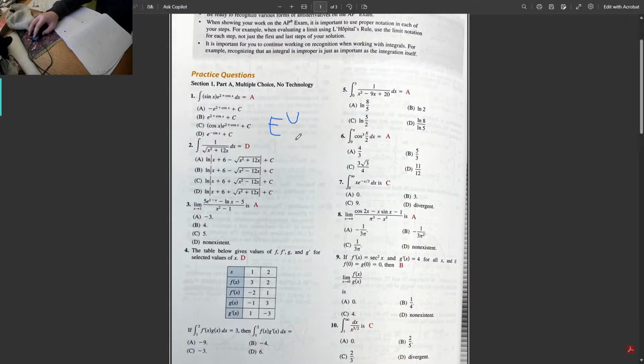E to the power of u derived, that's d over dx, d over dx of e to the u equals u prime times e to the u.